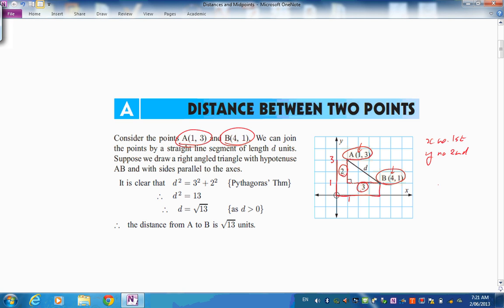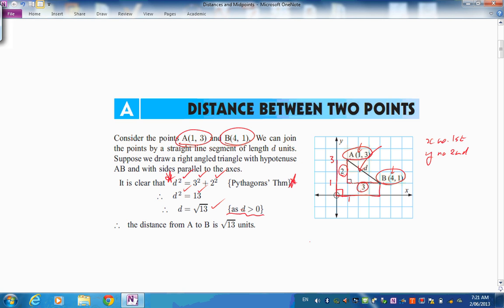Lots of right-angle triangles in the Cartesian plane because our X values and our Y values are measured horizontally and vertically. So there's always going to be a 90 there. See that one there? And so in this triangle we have Pythagoras operating. The square on the hypotenuse is the sum of the squares on the other two sides. So we have d squared equals 13, or d is root 13.